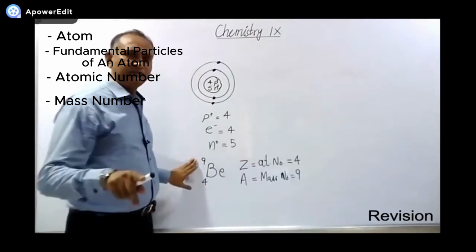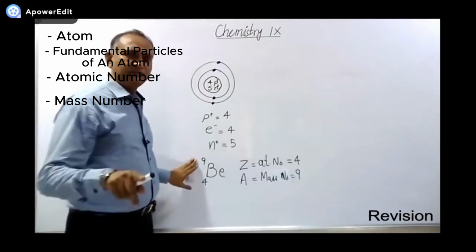All the normal atoms are electrically neutral, having same number of protons and electrons. If an atom of carbon is there, it has 6 protons, then it is understood it has 6 electrons. One thing is clear, that in an atom, electrons and protons are equal. That is why it is neutral.